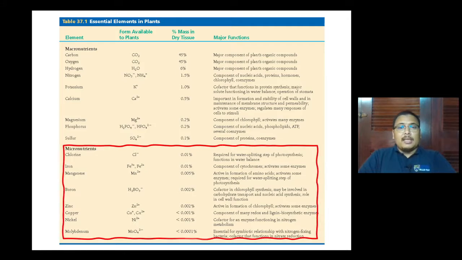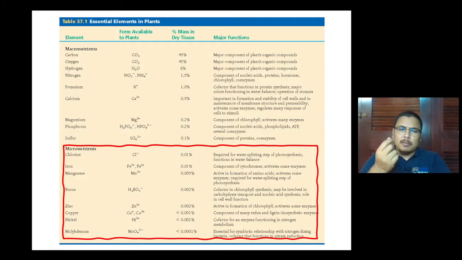The remaining eight essential elements are known as micronutrients because plants need them in very small amounts, such as chlorine, iron, manganese, boron, zinc, copper, nickel, molybdenum. However, bear in mind, although there is scientific proof that these elements are needed by plants, we still don't know the exact amount.